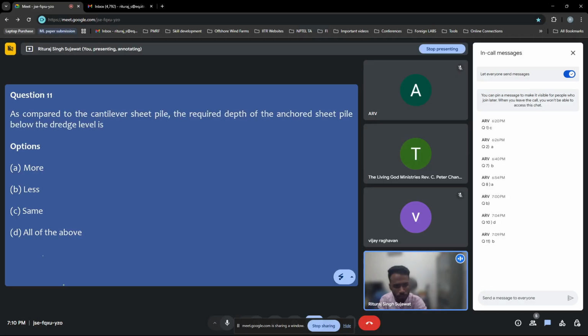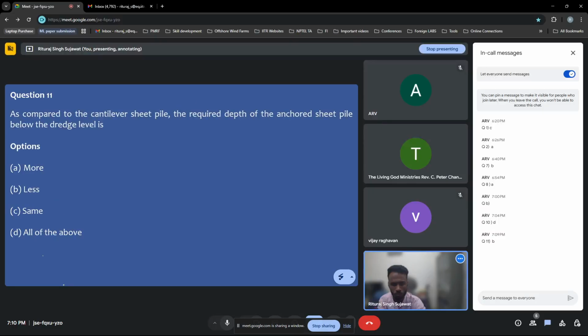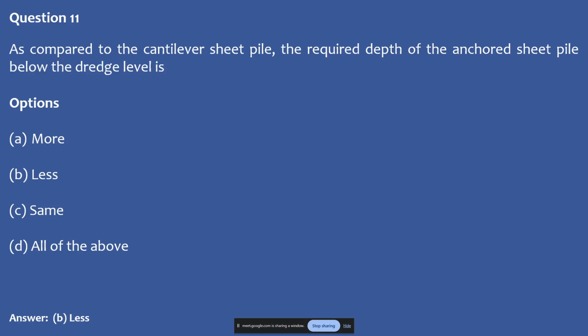So do we have answer 11B? It should be less. Let's see why.